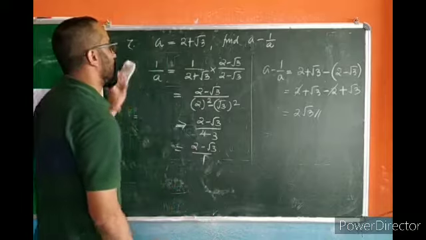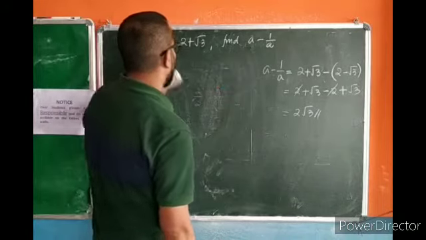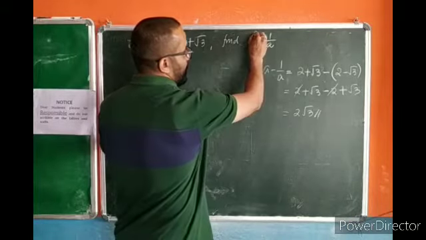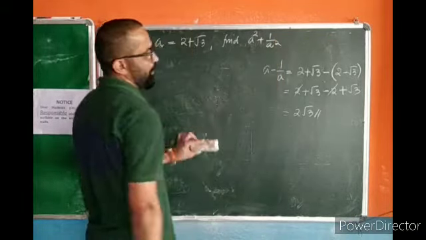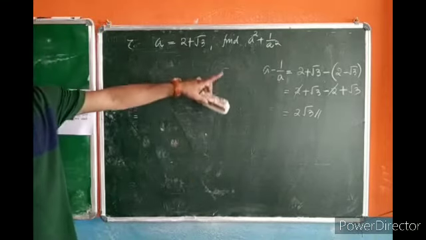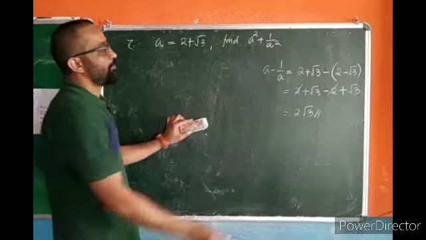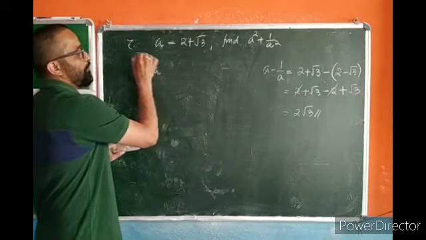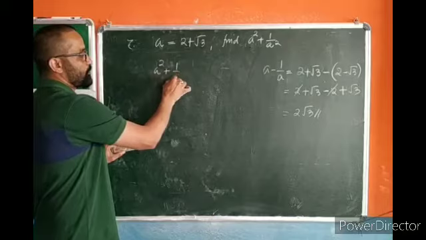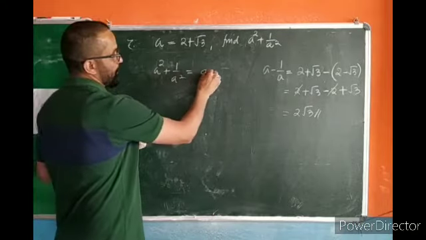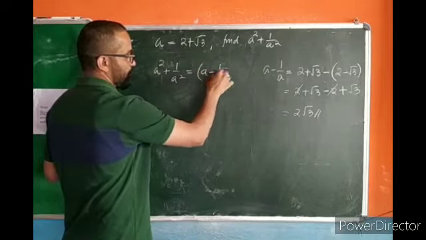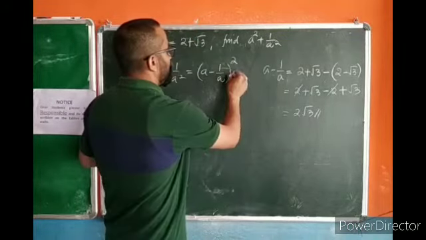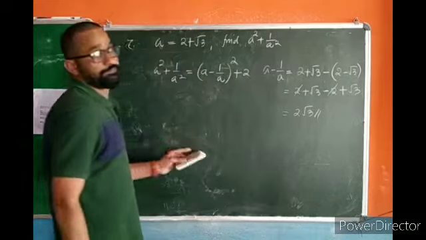Similarly, you can do other calculations. If the question says find the value of A square plus 1 by A square, a similar calculation you have to do. First calculate A minus 1 by A, then use A square plus 1 by A square is equal to A minus 1 by A whole square plus 2.